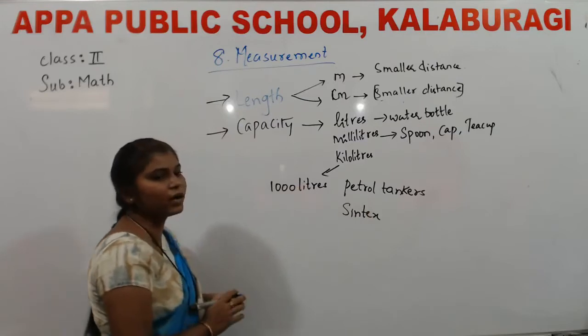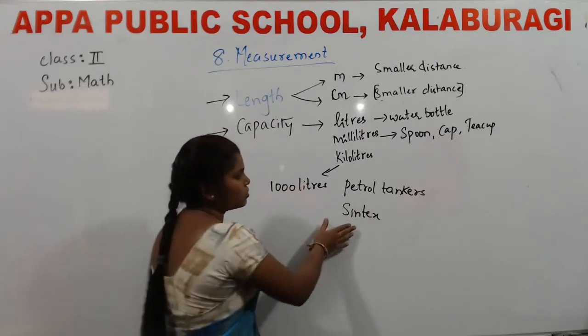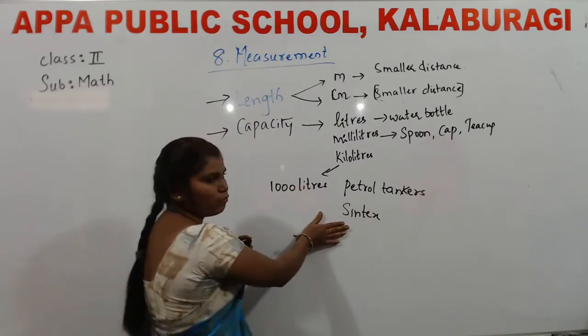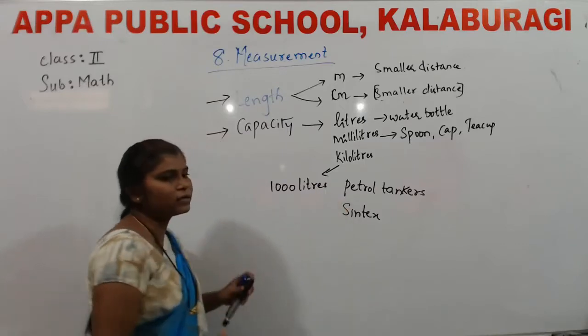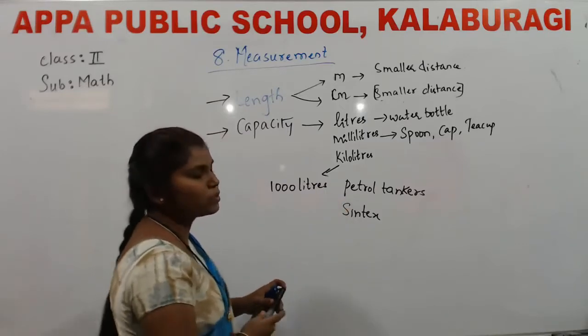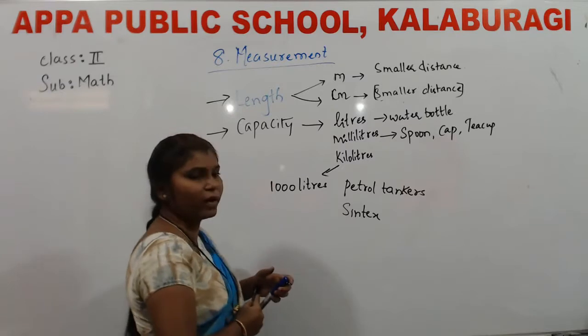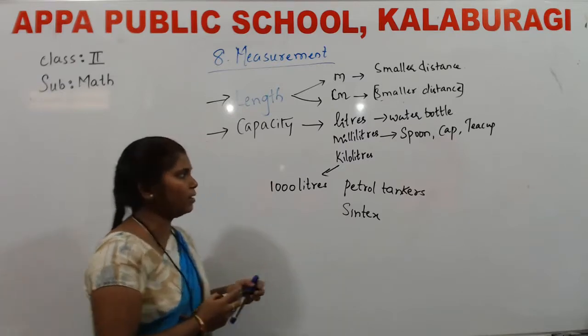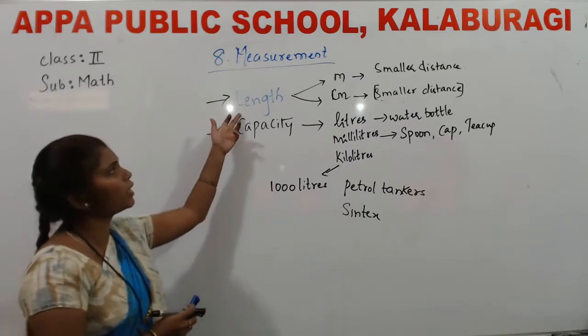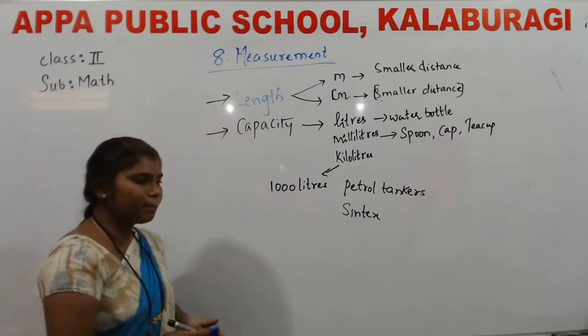This tank is used for storing water, and petrol tankers are used for transporting petrol from one place to another. So this is how we are going to measure length as well as capacity.